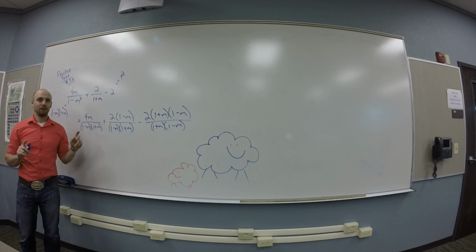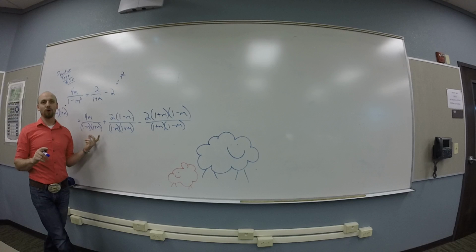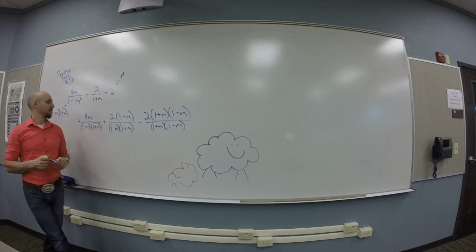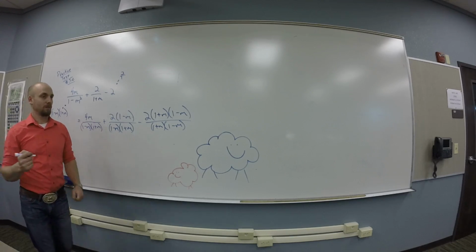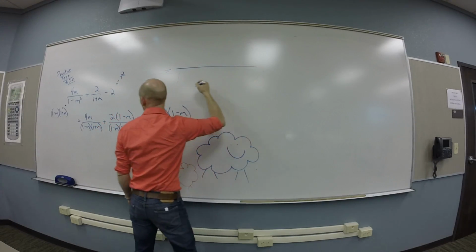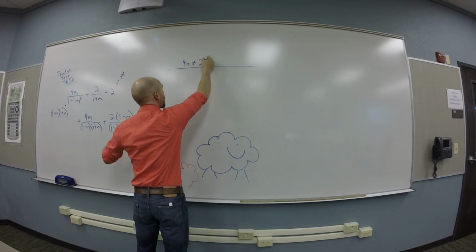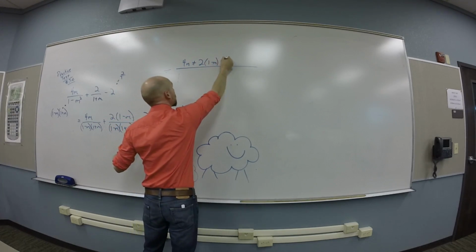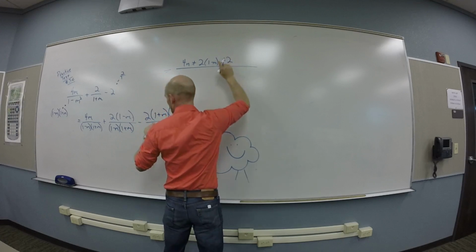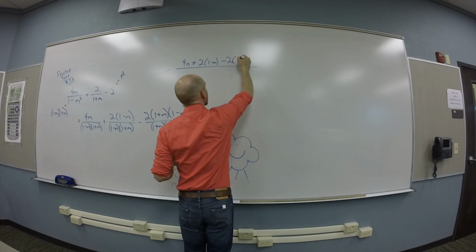So here I've got a common bottom, right? So what do I do to add fractions when they've got a common bottom? Keep the 1 minus m, 1 plus m on the bottom, and put 4m plus 2 all on the same top line. So this is the top of this one, plus the top of this one, minus the top of that one.